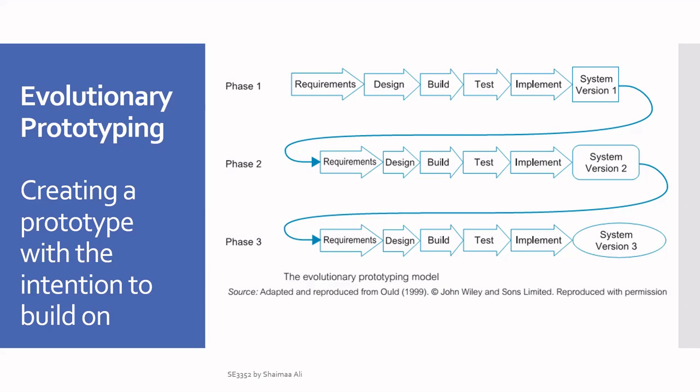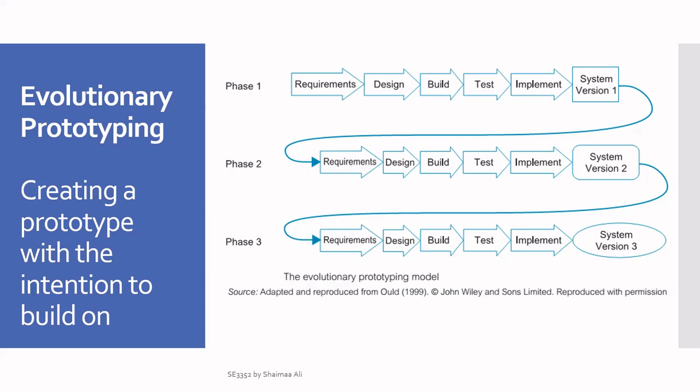You can see the arrow is a little bit larger in the requirements, so we have to spend extra time in the initial stage of the requirements to collect as much as we can, and then some extra time to make a general plan for the entire system. Then you start with one portion, one system version, and you go through the entire process, starting from the requirements, and then you start to create the second version and the third version and so on. Okay? So far that seems to be the best way.